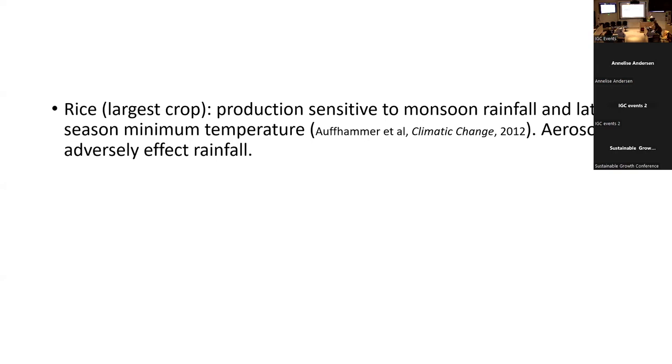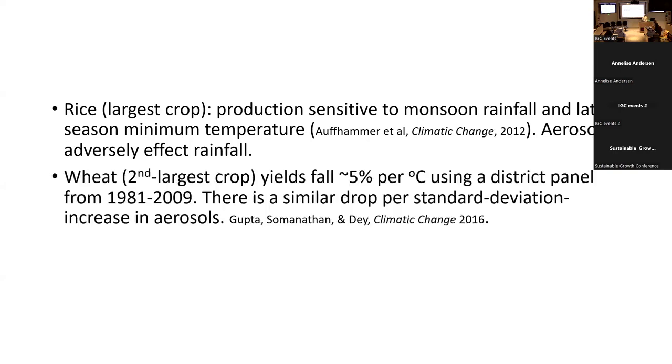This paper also looks at aerosols. I'll come back to that. It's important, though not directly related to climate change. Aerosols are basically particulate matter with moisture in the atmosphere, and those are found to adversely affect rainfall. Now look at wheat, which is the second largest crop.